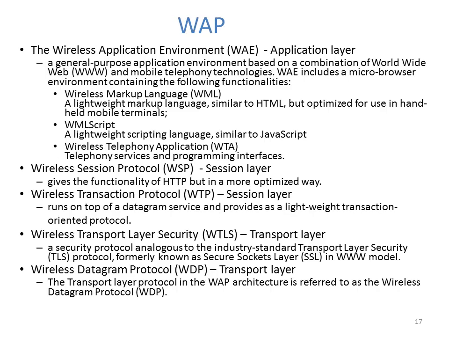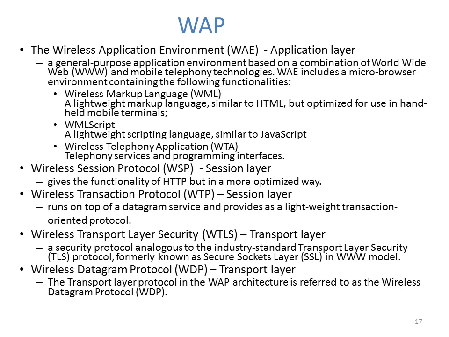Another one is WAP, that is wireless application protocol. This type of wireless application protocol mainly solves the problem of inefficiency in the application layer. So there is a general application with respect to the WAP that can be worked based on WWW, that is World Wide Web, and mobile telephony technologies.